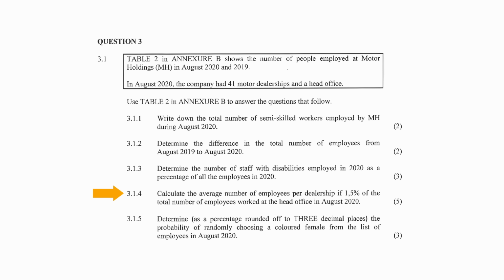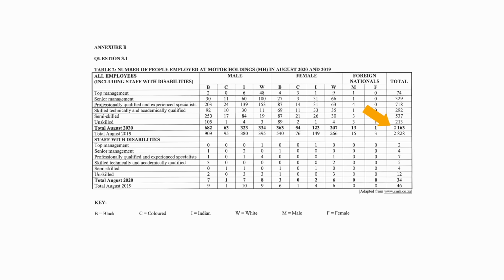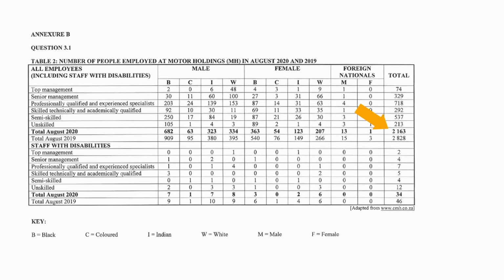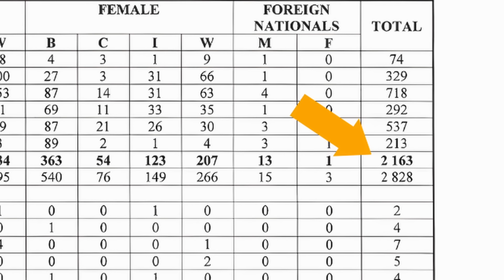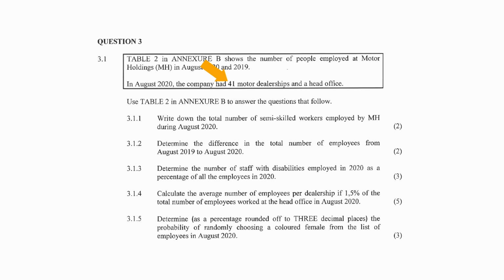In question 3.1.4, you have to calculate the average number of employees per dealership if 1,5% of the total number of employees worked at the head office in August 2020. In August 2020, the total number of people employed by Motor Holdings was 2,163. Of this amount, 1,5% worked at head office and the rest worked at the 41 dealerships.